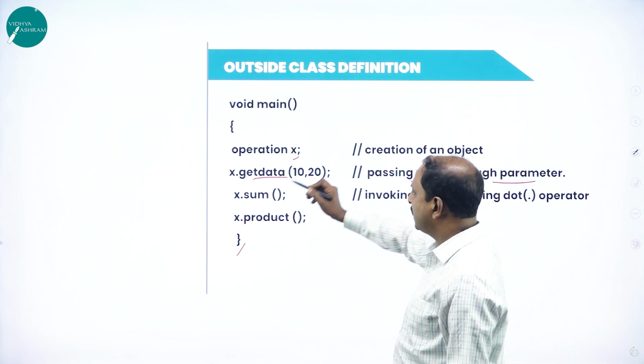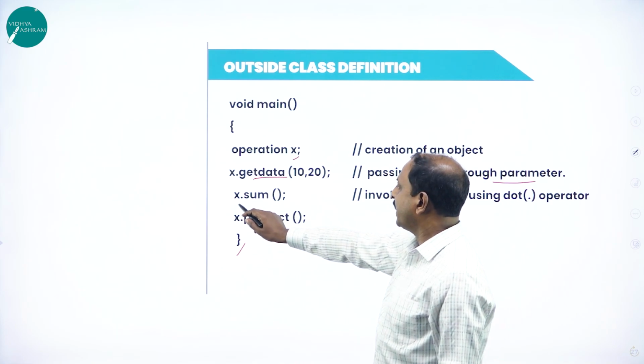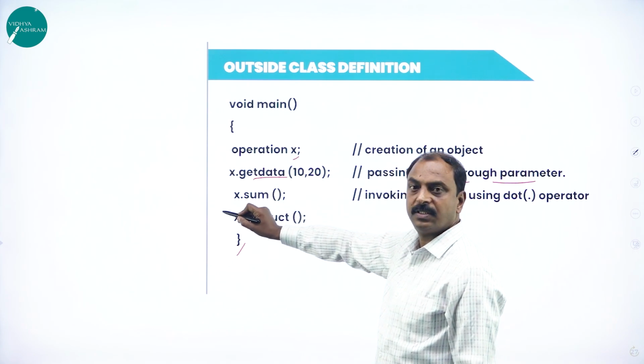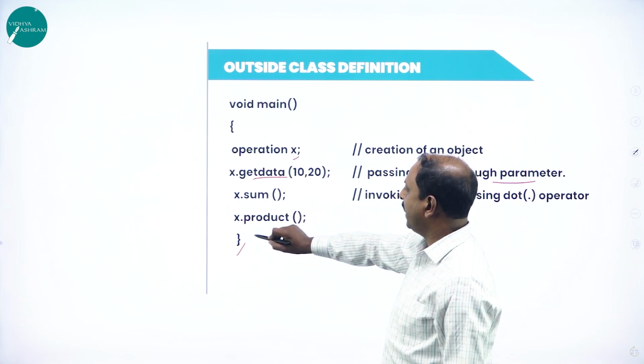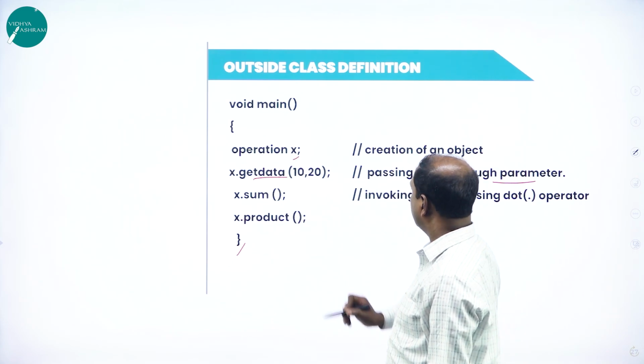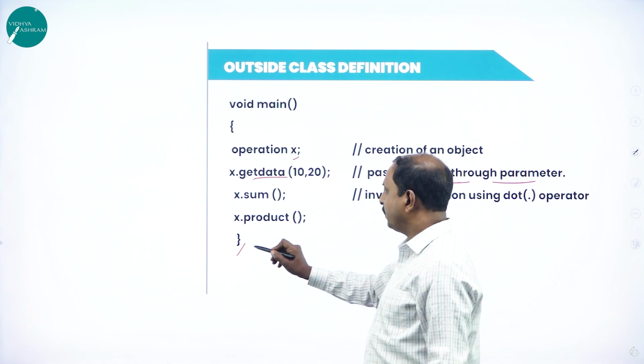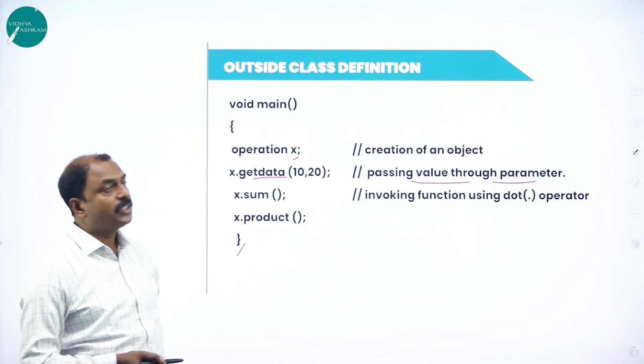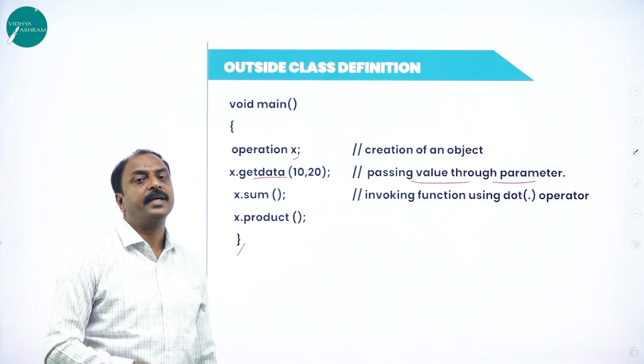Now after this, the next function is x dot sum. We have to invoke the second function, the next function. Then we close the main function. So this is an example of a function definition outside the class.